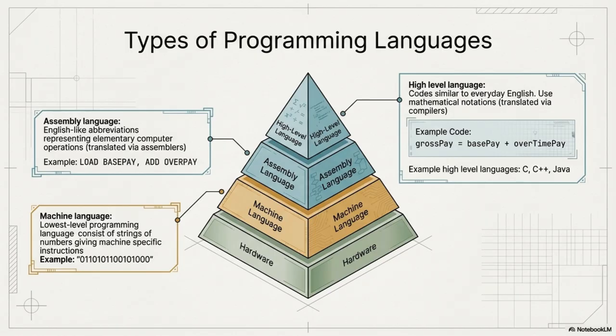The example code shown here is gross pay equals base pay plus overtime pay. These are so far from machine code, and high level languages like C, C++, and Java must be translated via compilers.